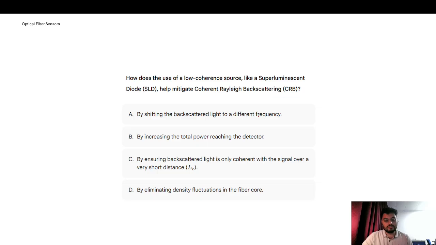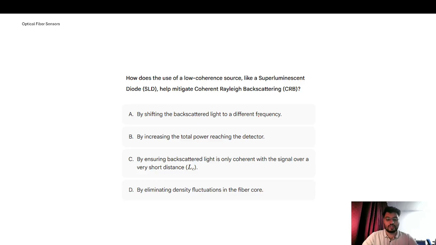Moving towards the next question, how does the use of a low coherence light source help mitigate coherent Rayleigh backscattering? A, by shifting the backscatter light to a different frequency; B, by increasing the total power reaching the detector; C, by ensuring backscatter light is only coherent with the signal over a very short distance Lc; D, by eliminating density fluctuations in the fiber core.